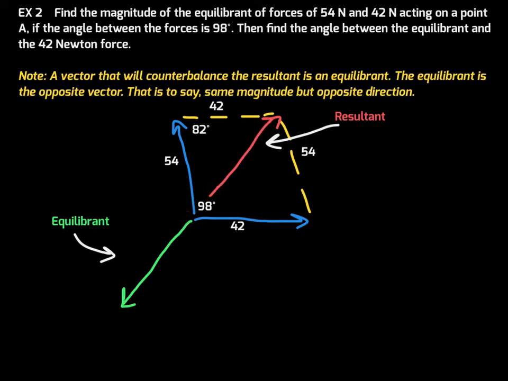So I'm going to focus my attention on finding the magnitude or the length of the resultant, and that will be the same as the magnitude or the length of the equilibrant. Okay, let's use the law of cosines to find this length here. I'll call this length x. All right, so let's use the law of cosines. The law of cosines will look like this.